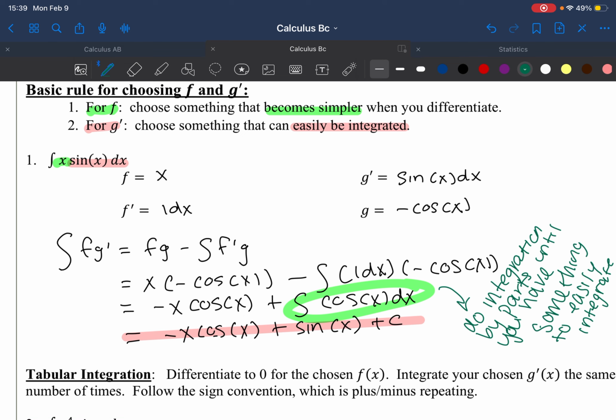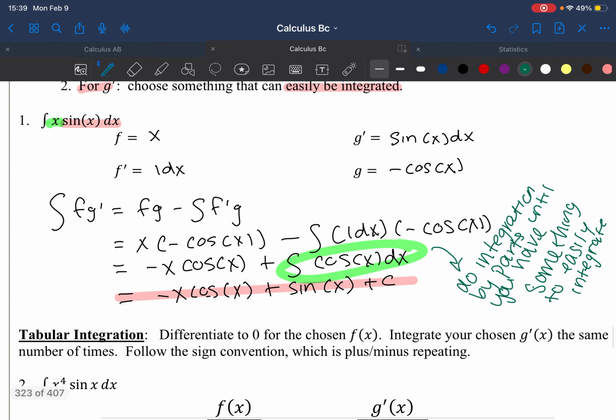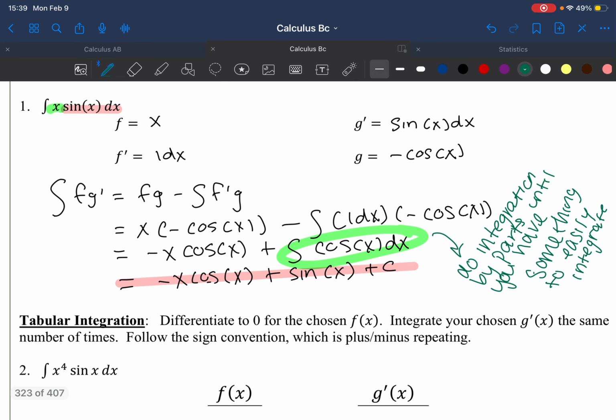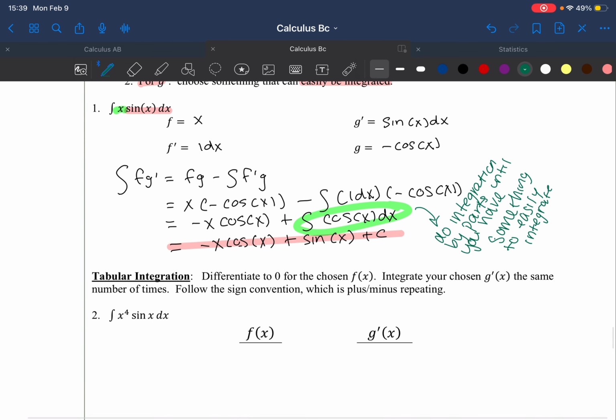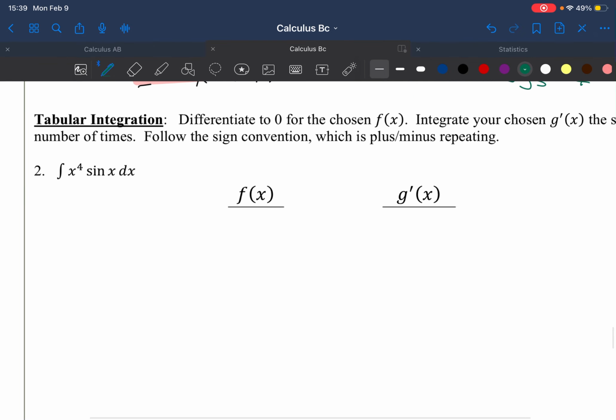Okay. However, let's say you approach a problem, you're trying to do integration by parts using the basic rule, and you notice that no matter what you do, you're going to end up doing integration by parts over and over again. Well, there is something to help simplify that, and that is tabular integration.